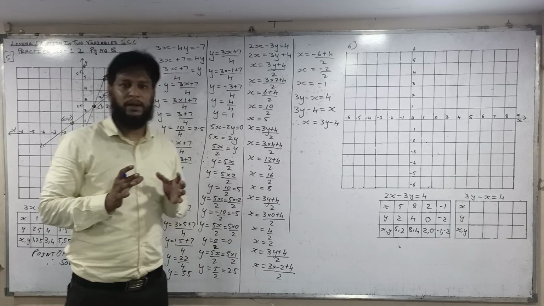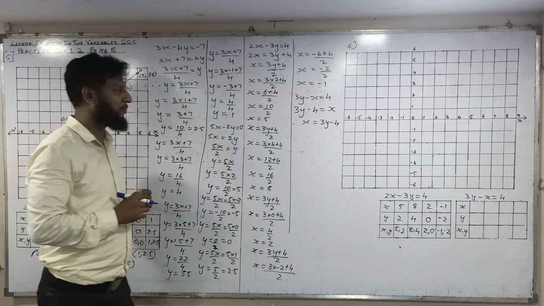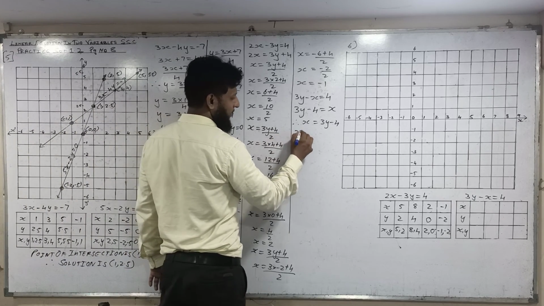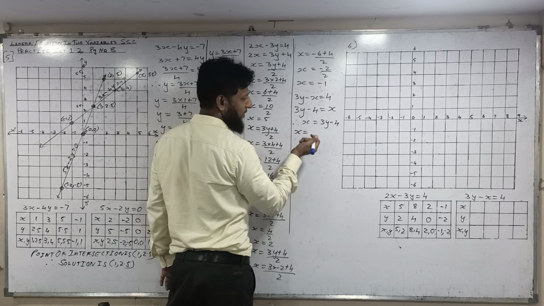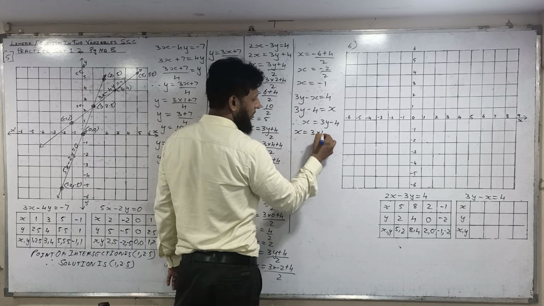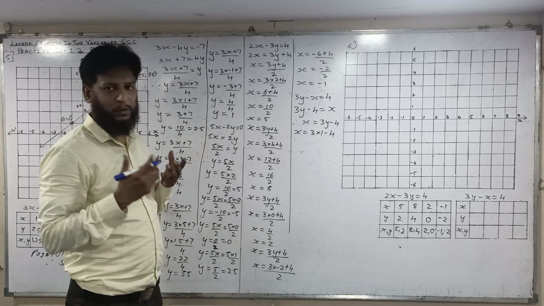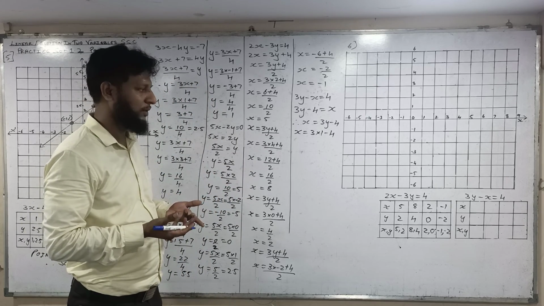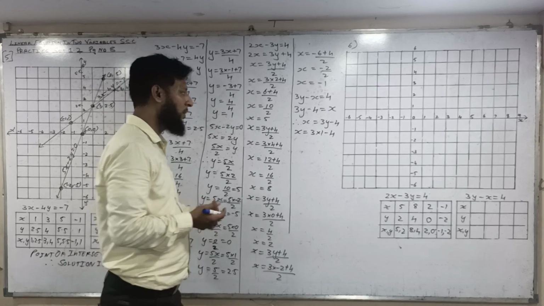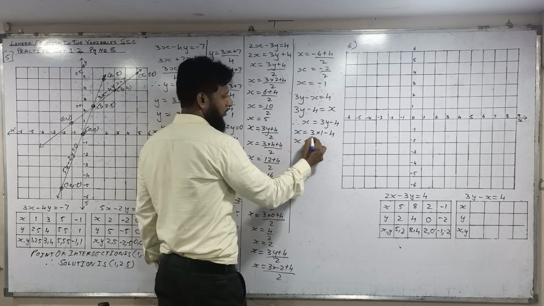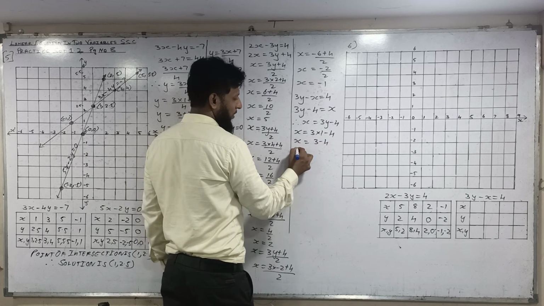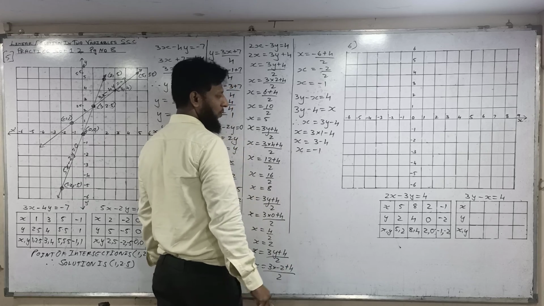Now just put the value of y, you will get the value of x. Therefore x is equal to 3 ones are 3. So it is possible, just see the possible number to plot that you can plot on the graph. Take the small number if possible. So x is equal to 3 ones are 3 minus 4, x is equal to minus 1.